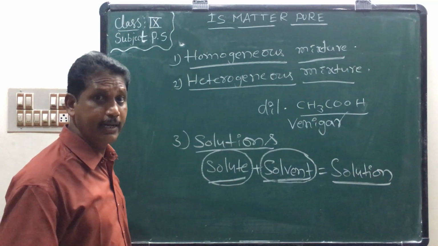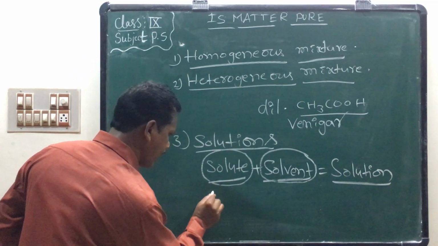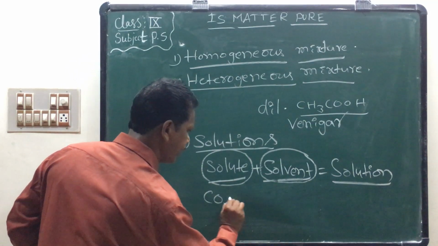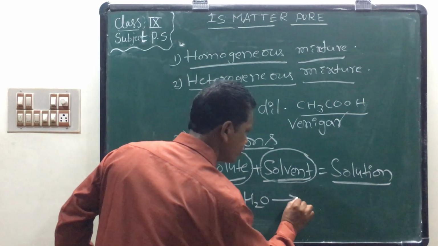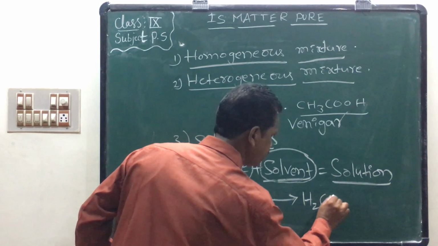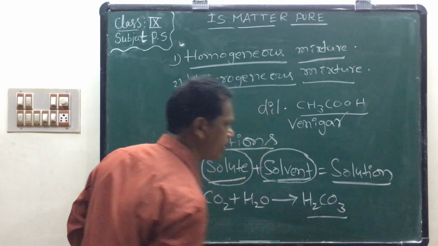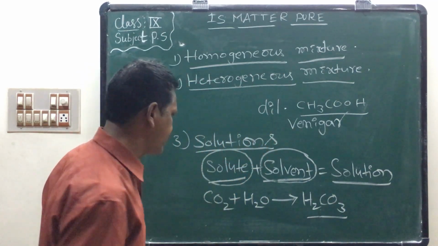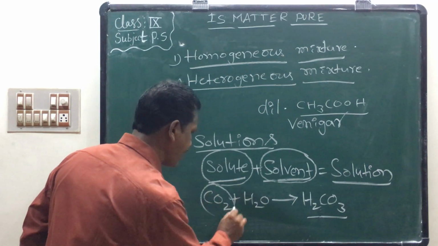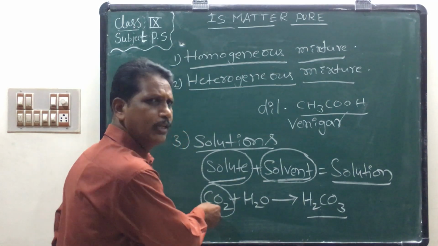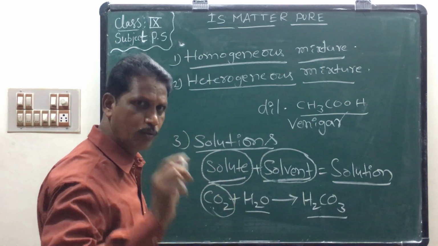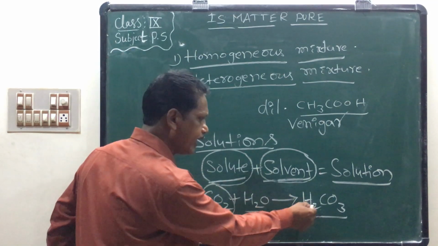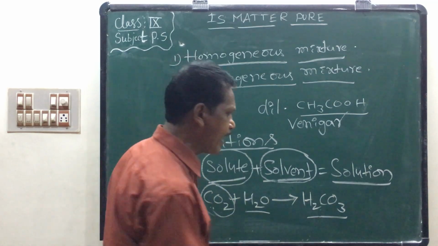Aerated drinks contain carbon dioxide mixed with water to form H2CO3. H2CO3 means carbonic acid. Carbon dioxide gas is a solute. What is the solvent? Goli soda. This is H2CO3, carbonic acid.